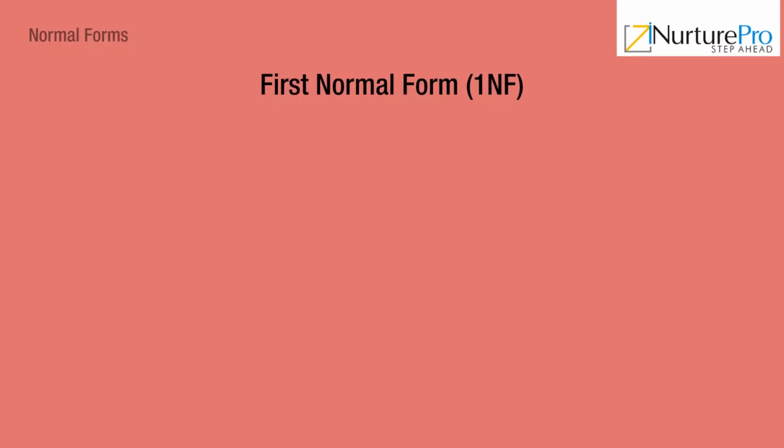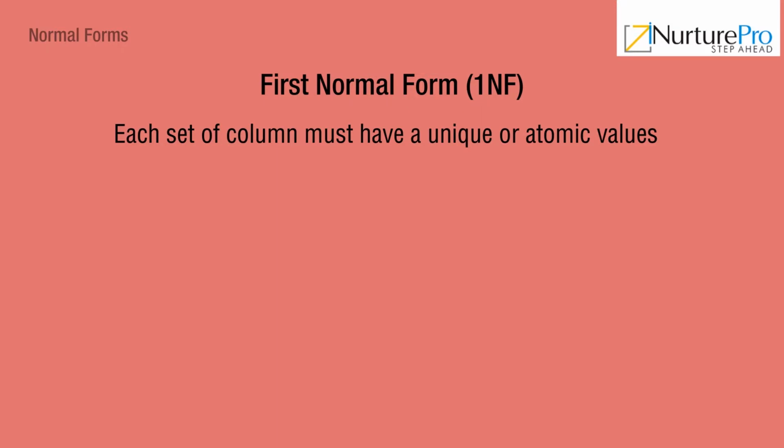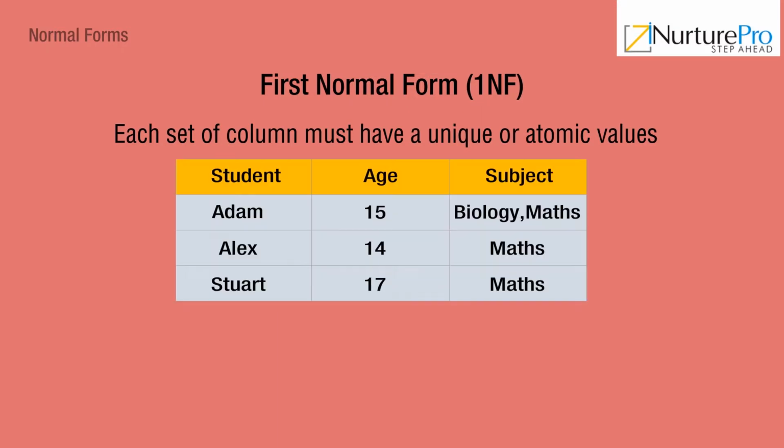A relation is said to be in first normal form only if all the attributes in the relation contain only atomic values. Let us take an example of a student database. As you can see in the table, the student Adam has 2 subjects, biology and maths, and both are stored in the same field.